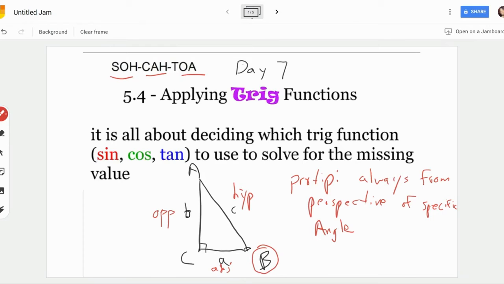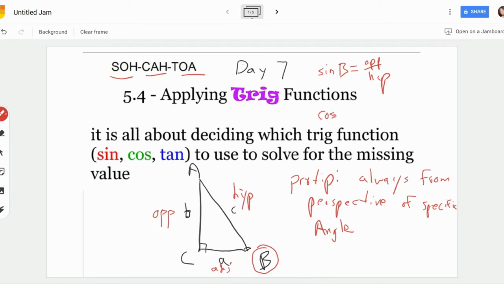And SOH-CAH-TOA then means that sine is related to opposite over hypotenuse. So sine of B, in this case, is opposite over hypotenuse. We know that's b over c at this point, but it's fine.